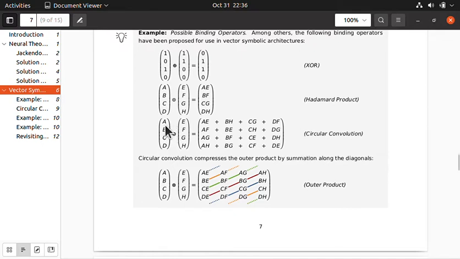But we need to be able to do certain operations on those vectors. And so one big question is, is circular convolution an operation that neurons are going to be good at computing? Because we just had all this stuff about how, yeah, neurons can approximate any function, but they're going to be good at approximating some functions and not good at others. And one rule of thumb was that we're going to be good at doing functions that are well approximated by low-degree polynomials.